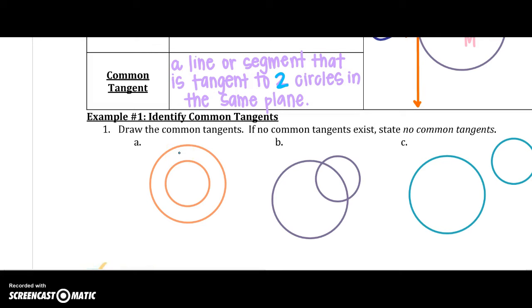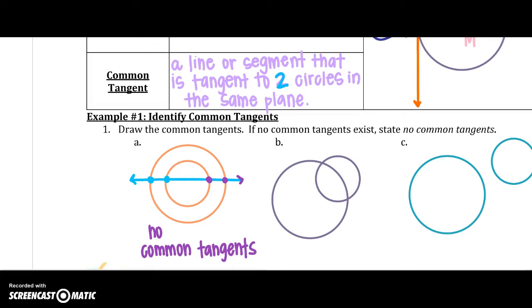To intersect the outside circle and the middle, I would also have to intersect the other two sides. So if I have a circle inside of another circle, I'm going to have no common tangents. I can only hit it one time.